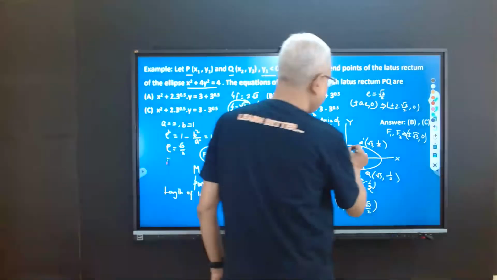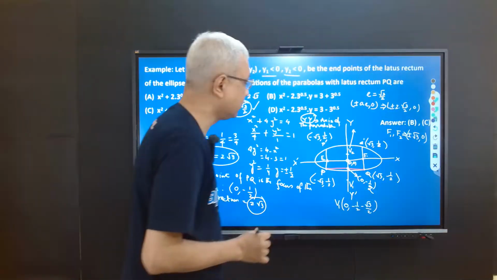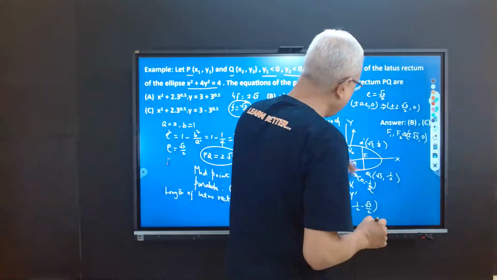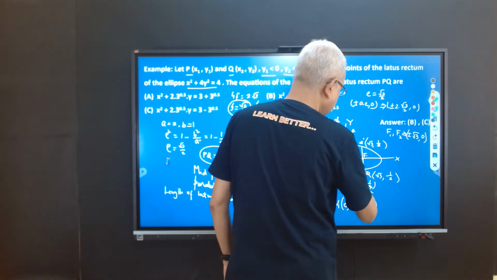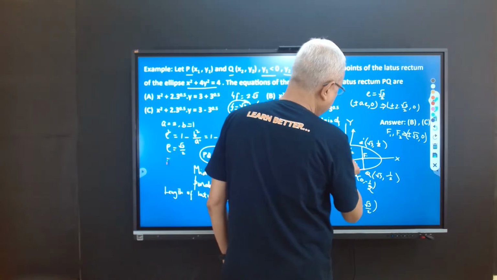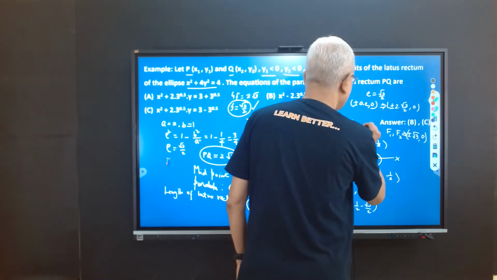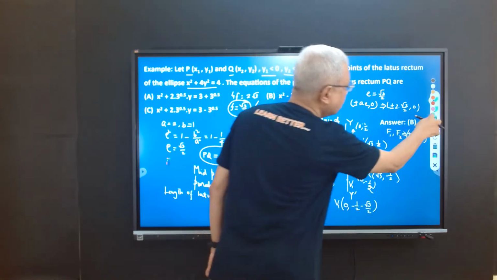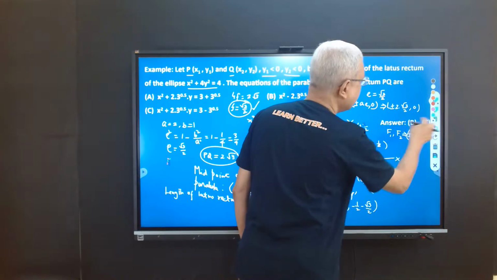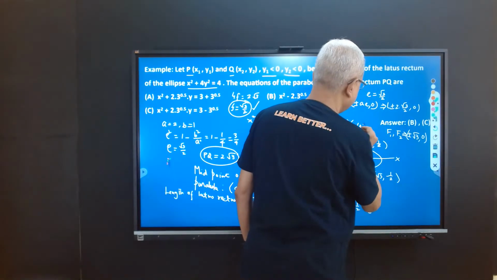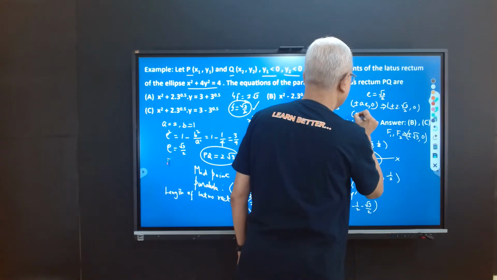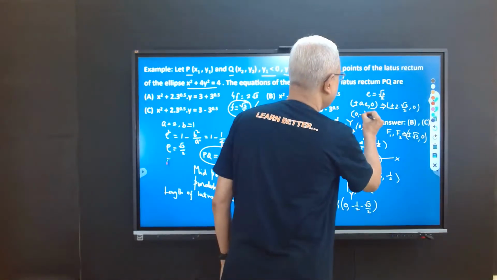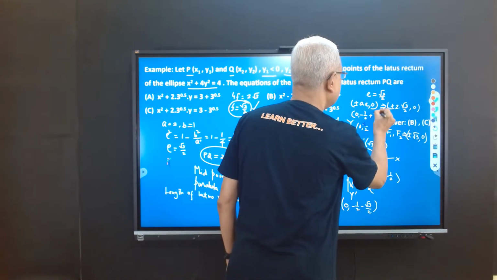And the coordinate of V2, in that case, will be 0, minus half plus root 3 by 2. Let me draw it: 0, minus half plus root 3 by 2.